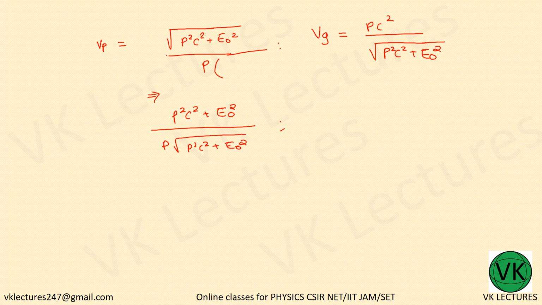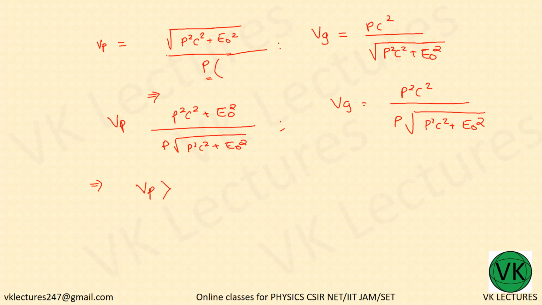And Vg, you just multiply by P, so P square C square divided by P into the root. Now can you tell me which is greater? This is your Vp, so Vp is greater than Vg, which means it's a normal dispersion.